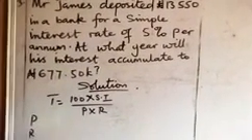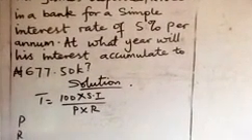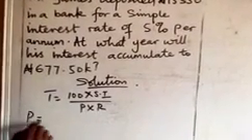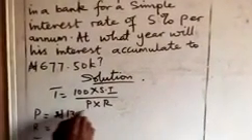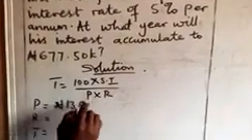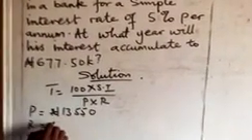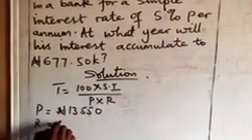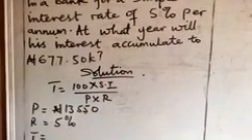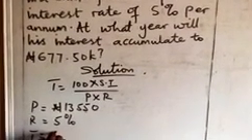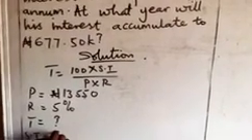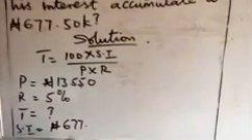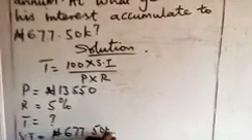Principal, rate, time, simple interest. Our principal here is 13,550 naira. Okay, the rate is 5%. The time is unknown. That's what we're looking for. And our simple interest here is 677 naira 50 kobo. Good.